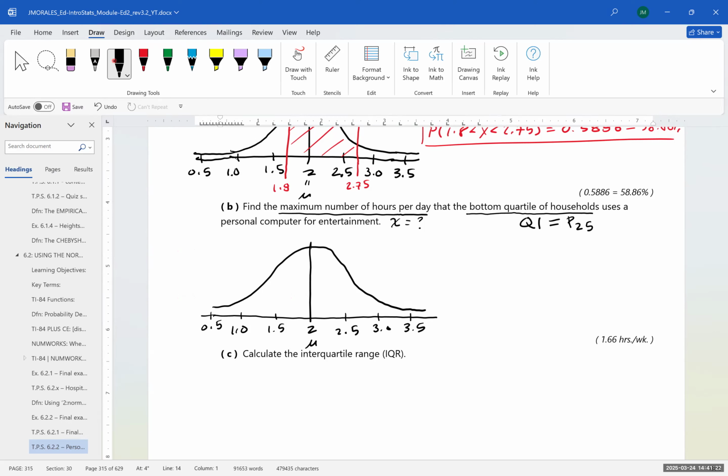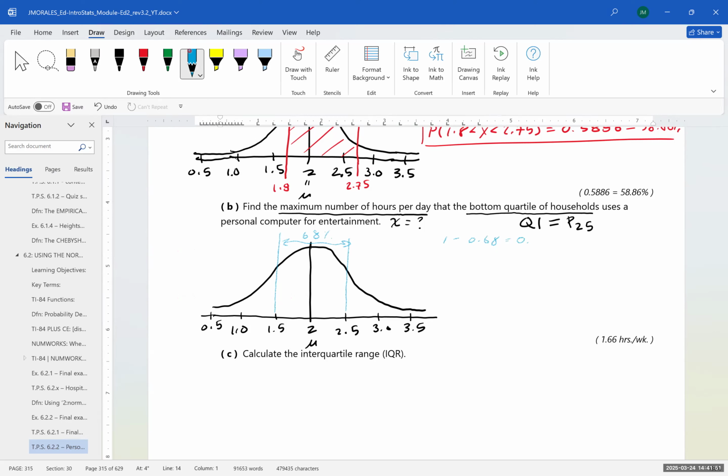Well, let's try and reason this out. So using the empirical rule, between +1 and -1, this area between these two is approximately 68%, which means to either side. So let's see, what's 1 minus 0.68?